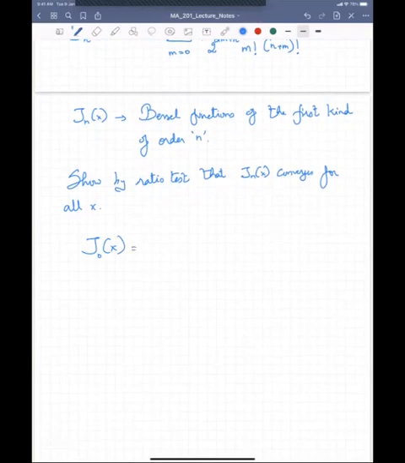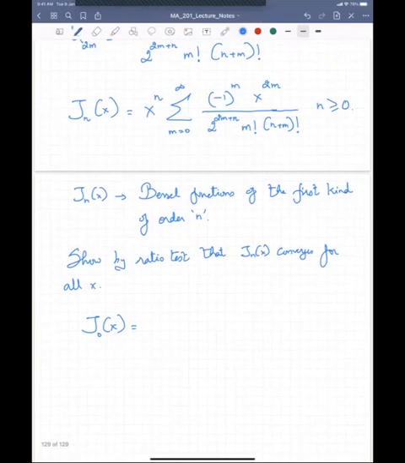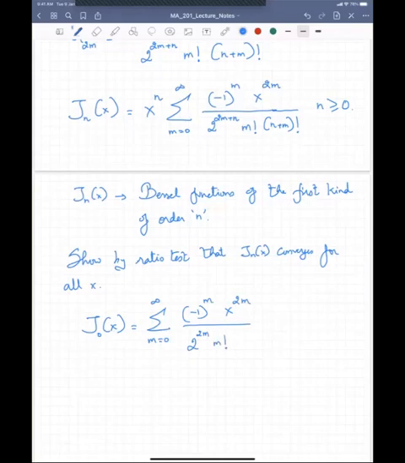Well, let us put n equal to 0 in this equation. If I put n equal to 0, x to the 0 is just 1, so that goes away. Sum m equals 0 to infinity. There is nothing to do about the minus 1 to the m, I'll just keep it as such. x to the 2m, 2 to the 2m, m factorial times another m factorial, because n equals 0.